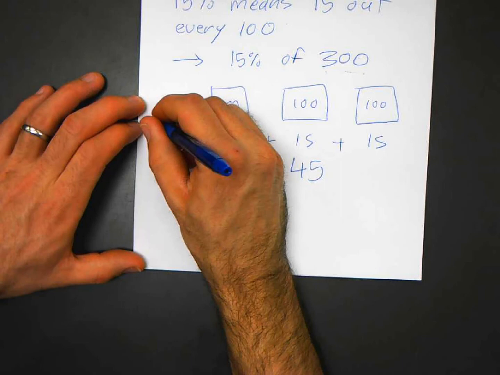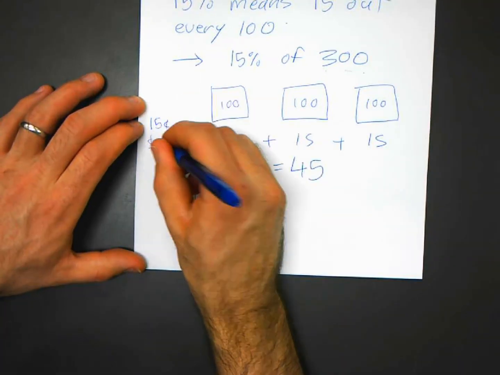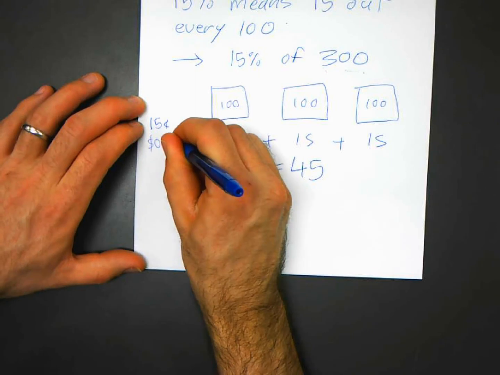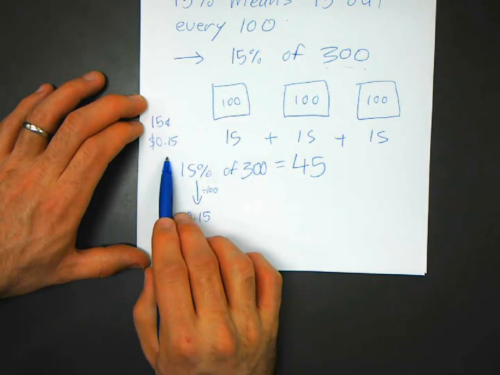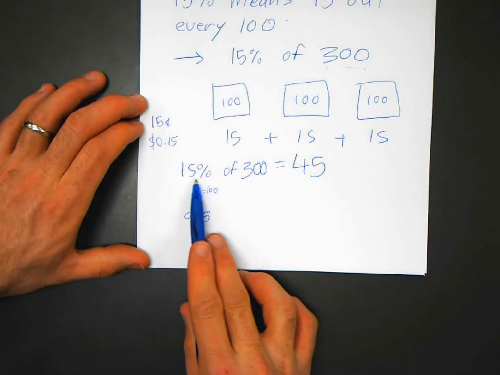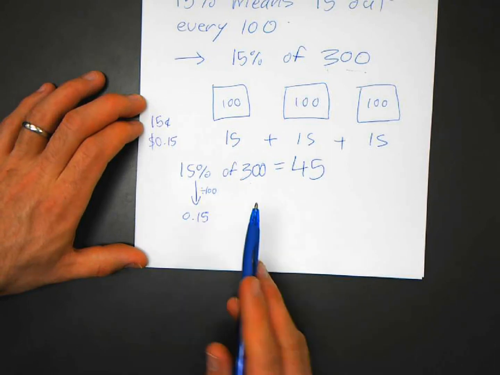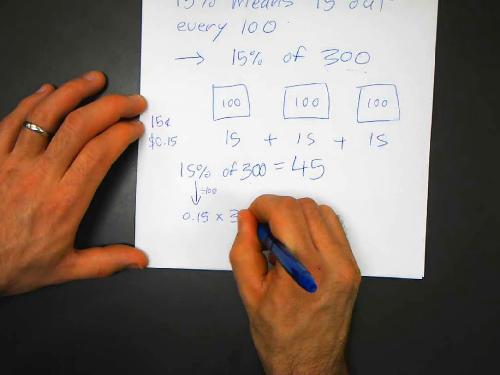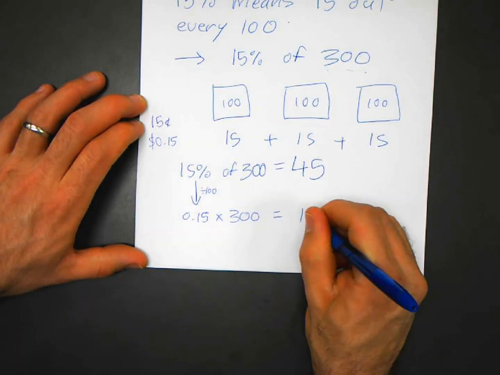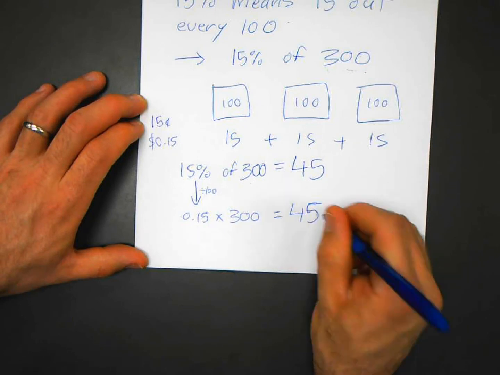Remember before we had like 15 cents, and we write that as $0.15 with a dollar sign? So these are both 15 cents. This is the same idea. Instead of cents, it's percent. So we make it a decimal like that. Then the of means times. We put down the 300, and if you were to do this on a calculator, you'd get the same answer of 45. Okay?